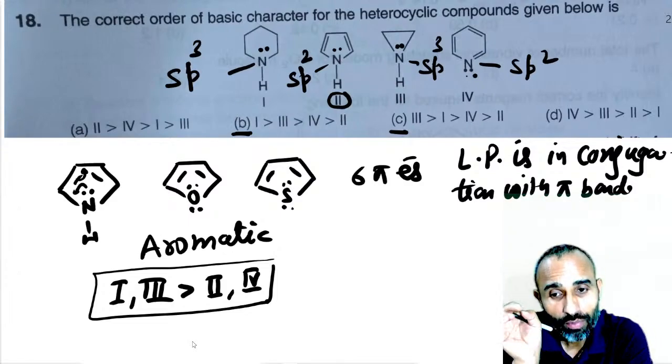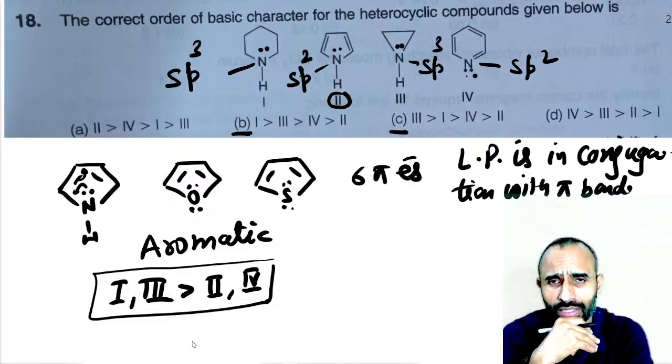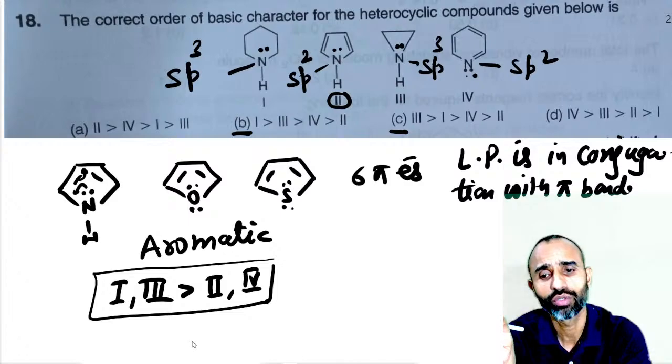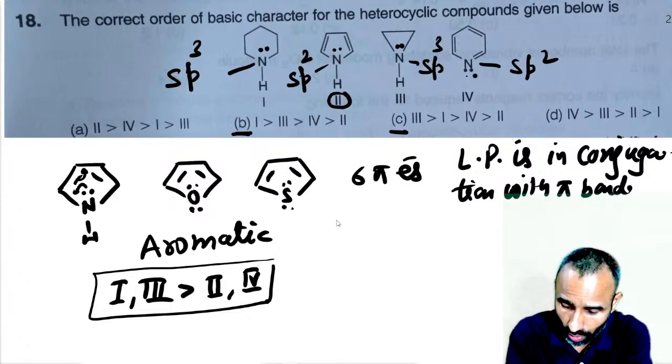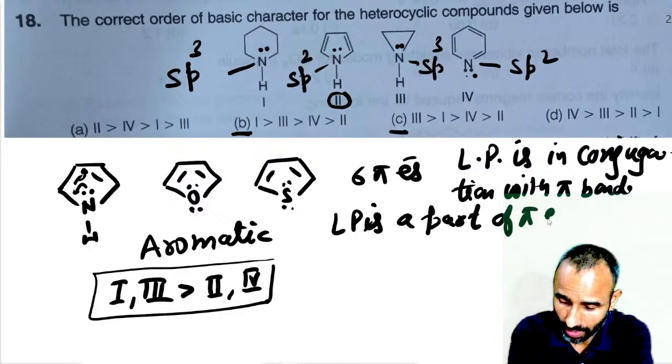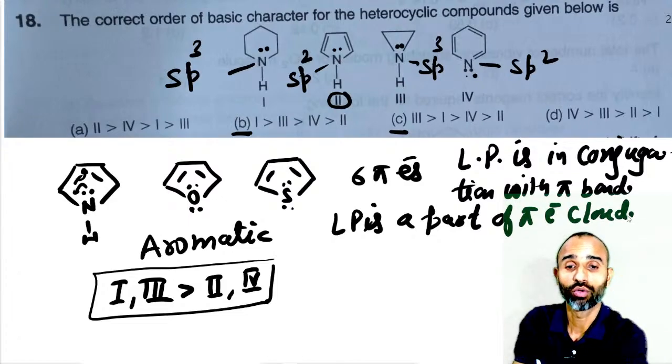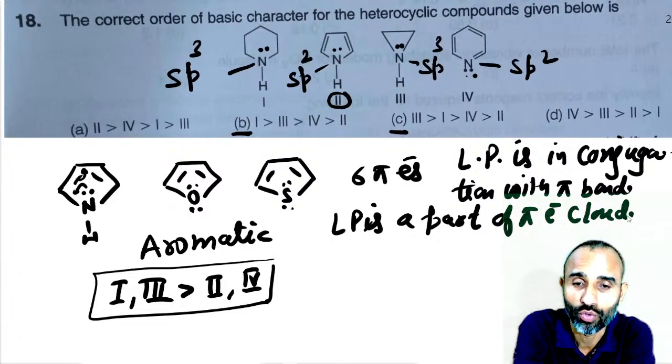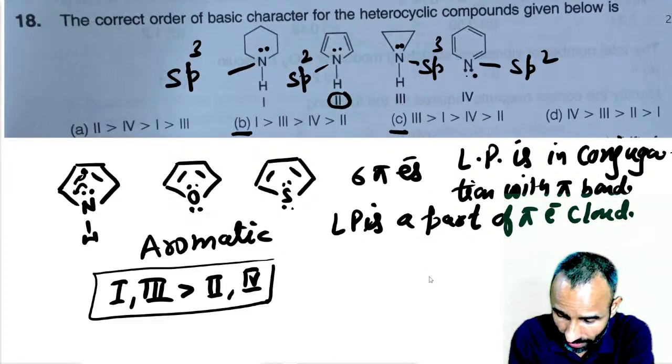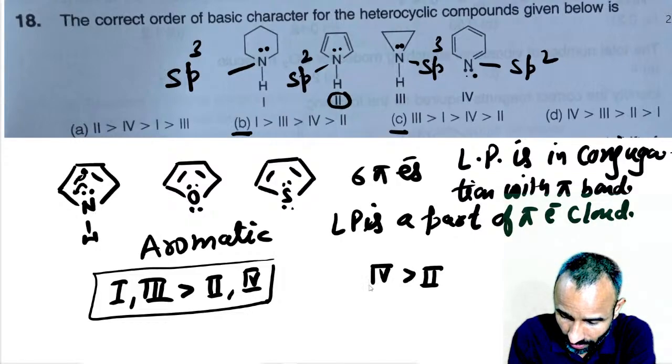So whenever, I think we have discussed it, whenever lone pair is in conjugation with pi bond, lone pair is a part of pi electron cloud, and that's why lone pair is not available at all for donation. So that's why second is less acidic than fourth.